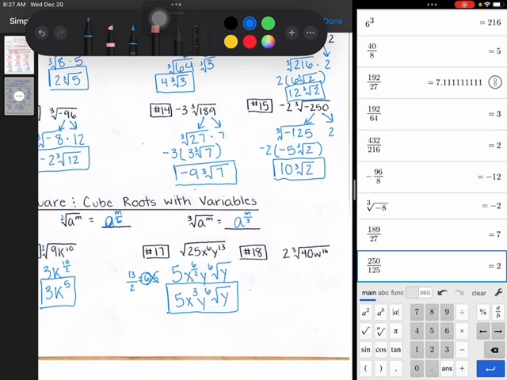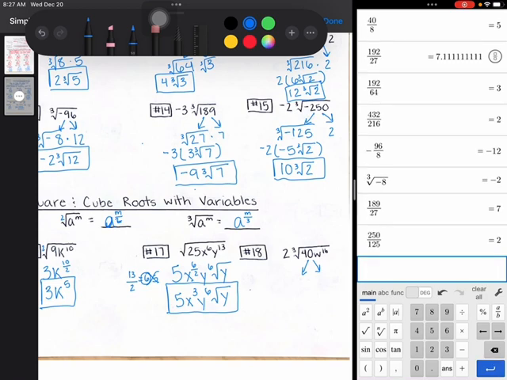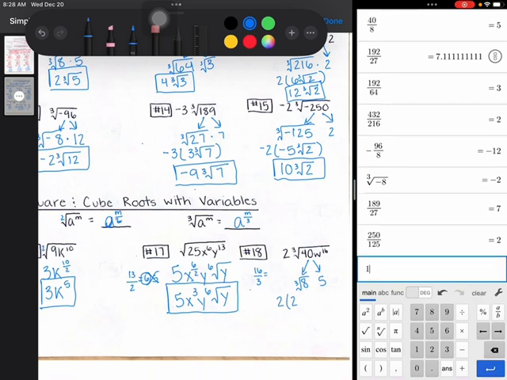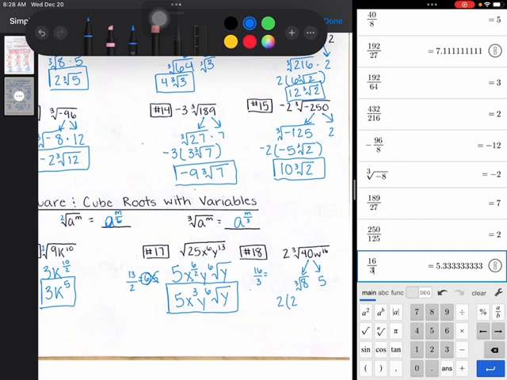And same thing with this cube root. So I still have a 2 on the outside. And 40 is not a perfect cube, so I need to break it up. Earlier we saw that I think 8 went in, but we'll double check. 40 divided by 8 is 5. So the cube root of 8 is 2. So we have 2. And then 16 divided by 3 here is 5.33333.